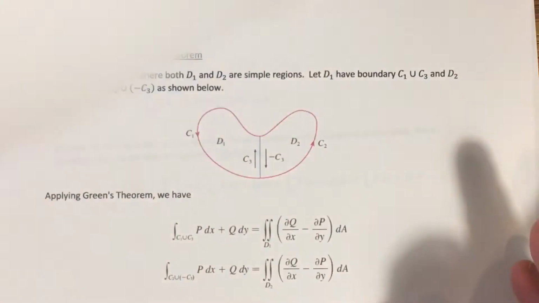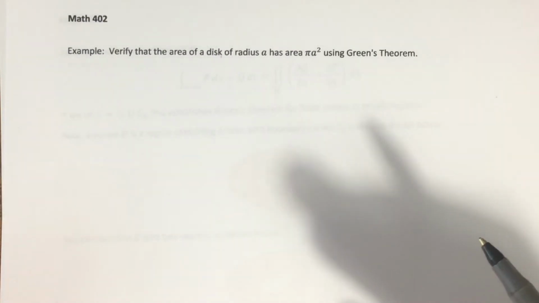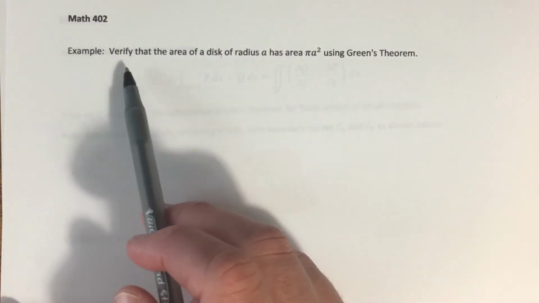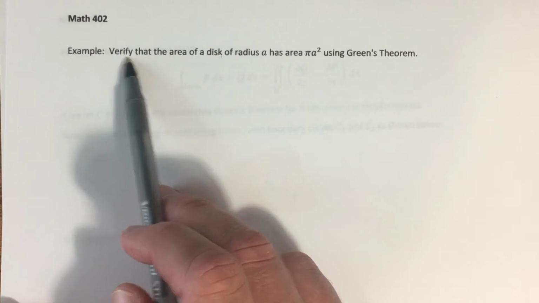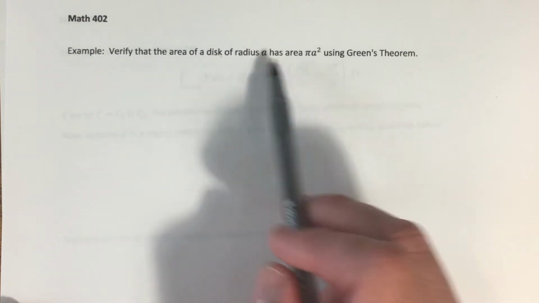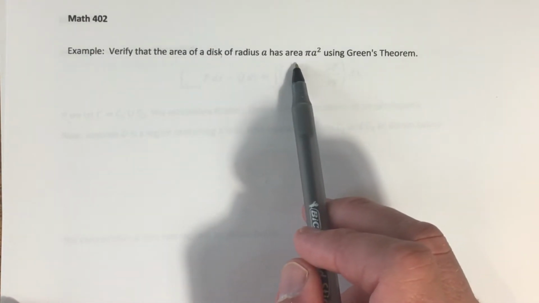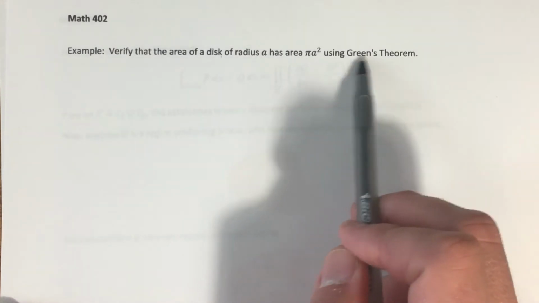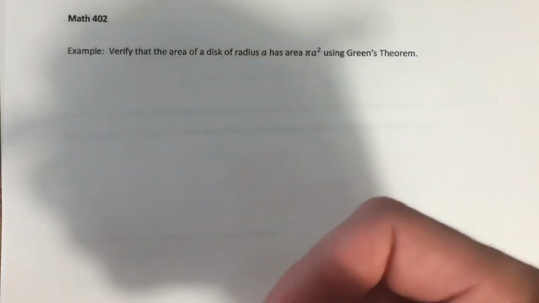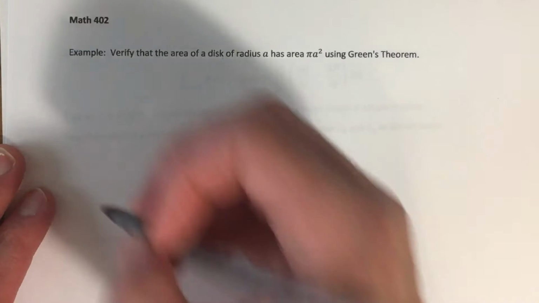But for us, we're just going to do one example. What I'd like to do is verify that the area formula for a circle still works with this formula. So here we want to verify that a disk of radius a has an area of pi a squared, and we're going to use Green's theorem. In particular, we're going to use one of those formulas.